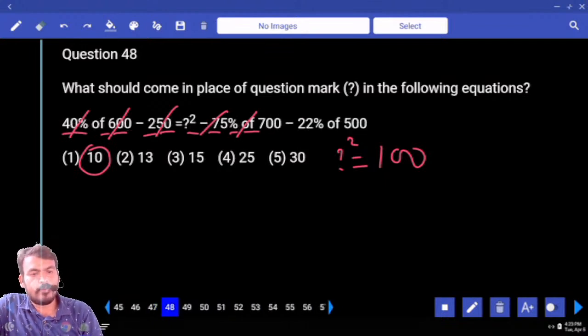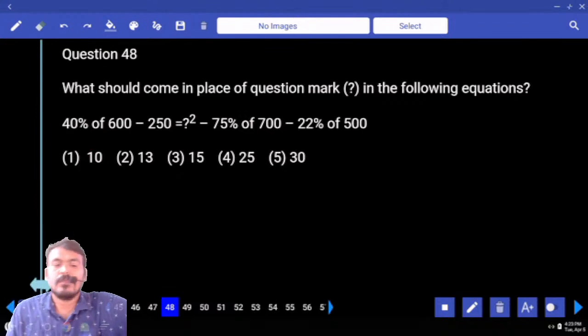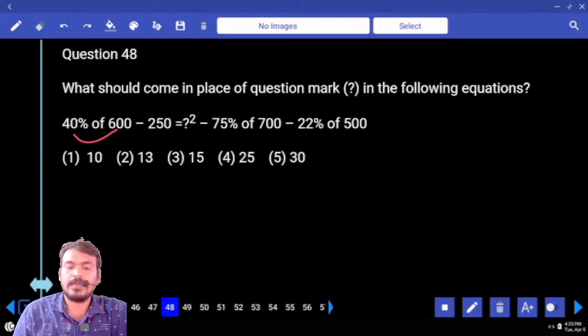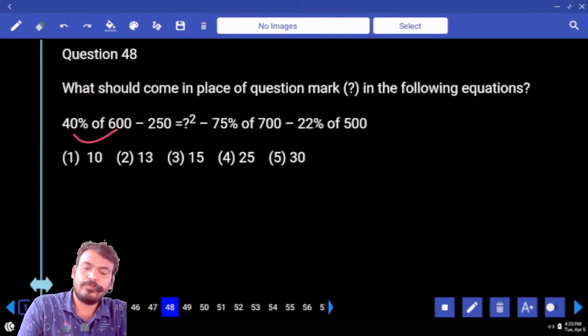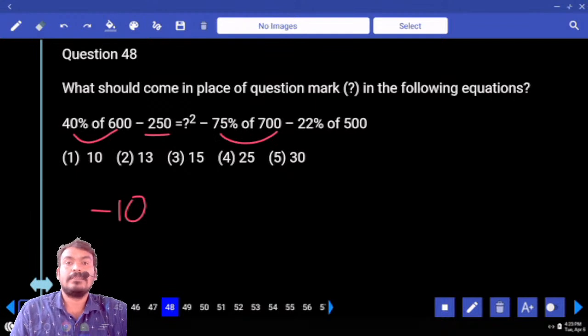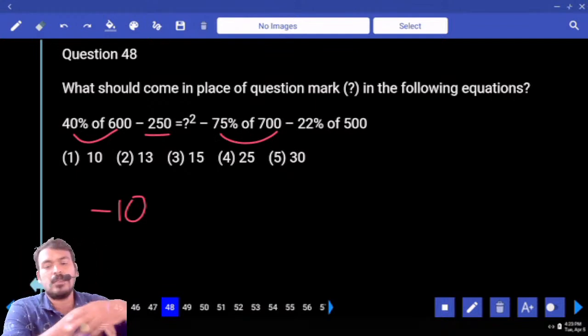Next question number 48. First priority 40% of 600, or not? Or the 40% of 600? 240. 240 minus 250 minus 10, or not? It is the left hand side, or not? Or the right hand side value? 75% of 700. What is the 50% value? 350. 25% is 175.